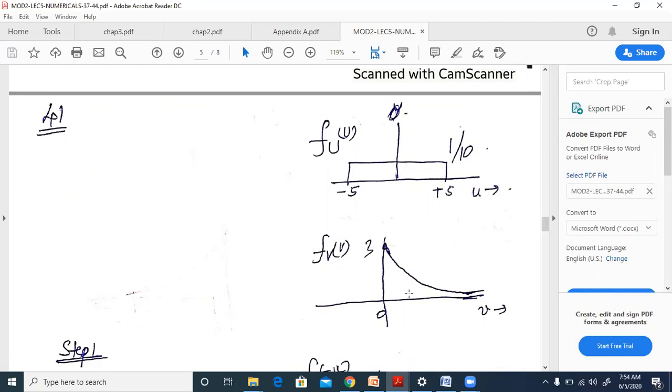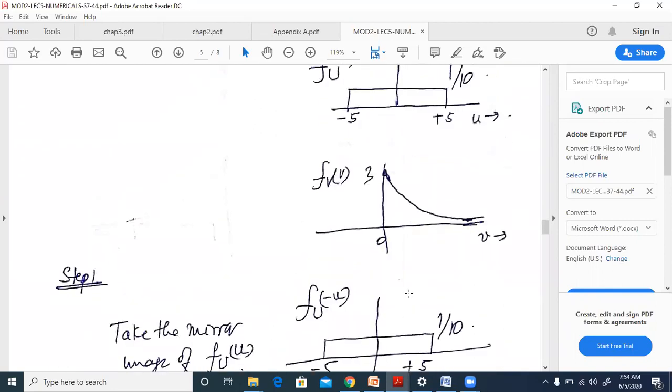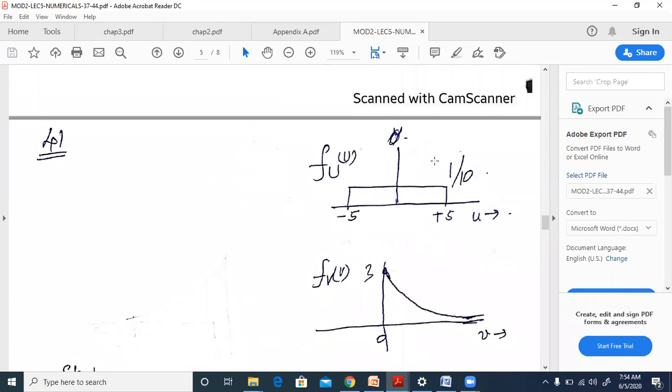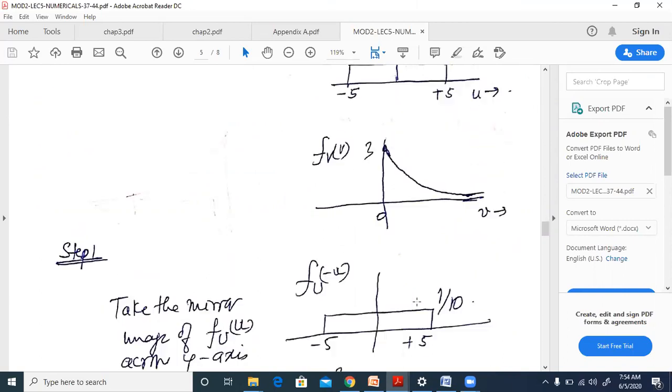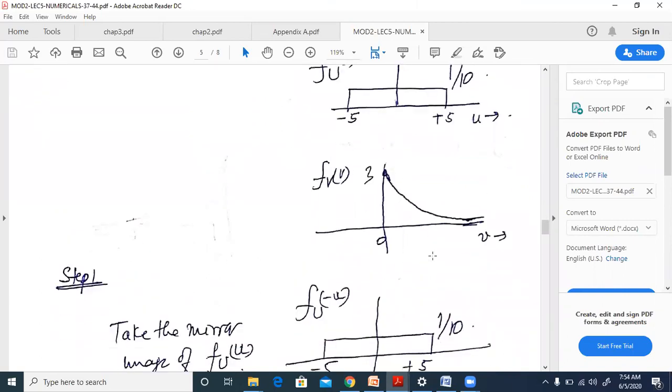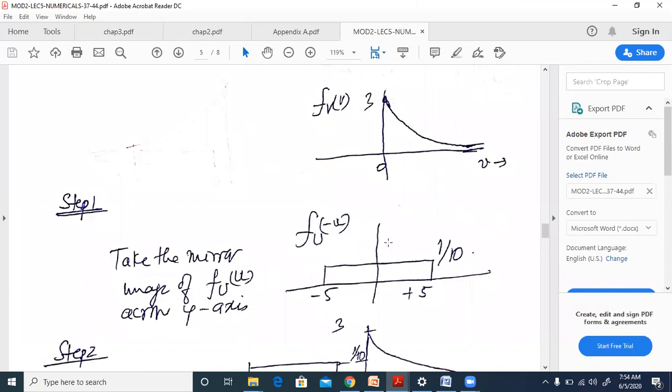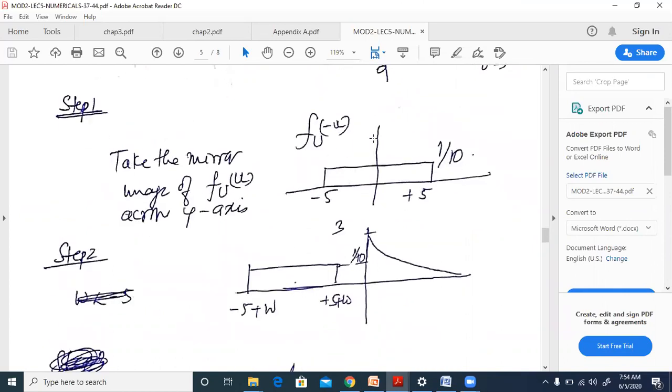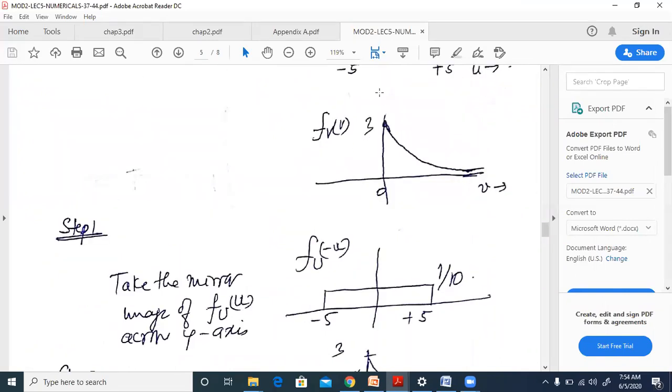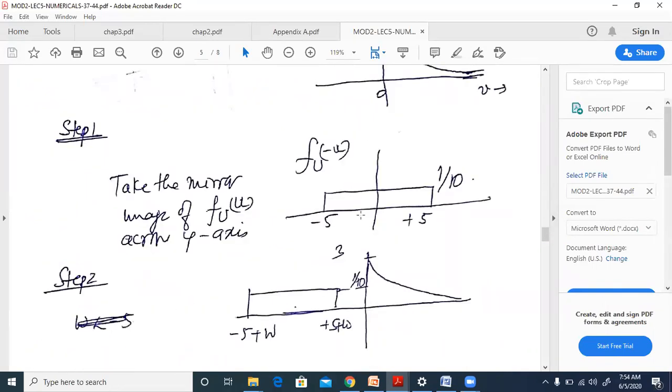So this is f_V(v). Now what we try to do is flip this, or take the mirror image across the y-axis, but you'll still get the same because this is a symmetrical figure. So f_U(minus u) is just this, minus 5 to 5, 1 by 10. Then we put this figure as it is over here, and we have to shift it. The starting point for shifting should be to the left of this figure.